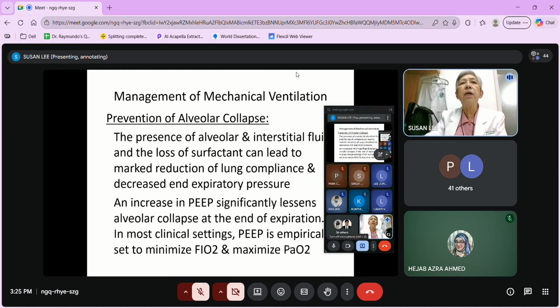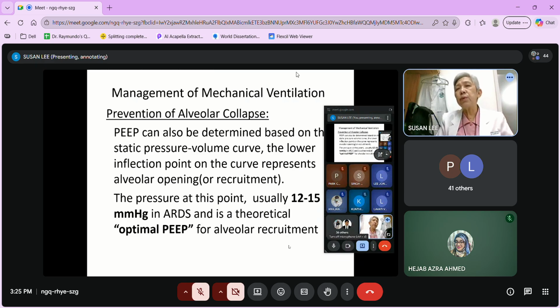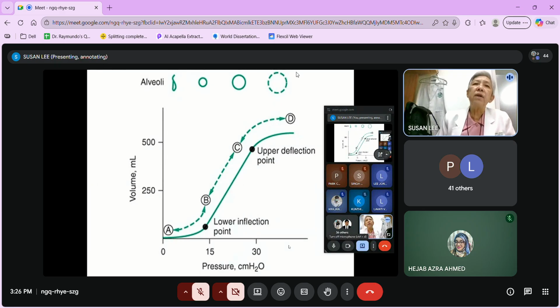Okay, so how much PEEP do we give the patients? Usually it is around 12 to 15 PEEP. So theoretically, this is the optimal PEEP for ARDS. So if we want to calculate PEEP, then with the patient intubated, we have to check for the upper inflection and the lower inflection of the pressure volume curve, and maintain the PEEP at around between the upper and the lower points of inflection.